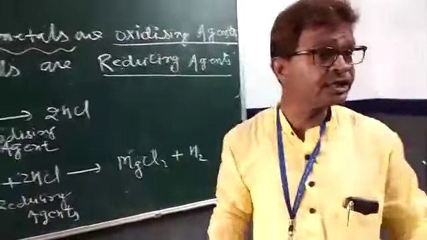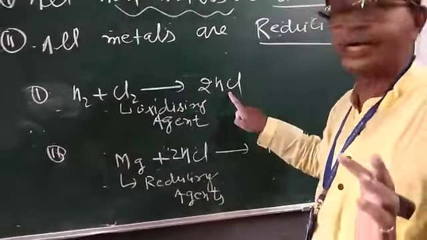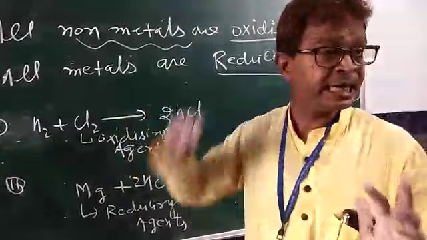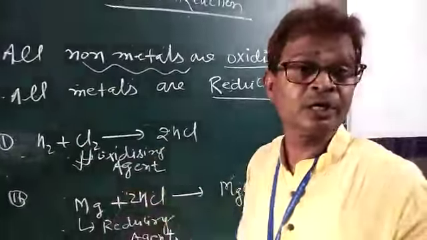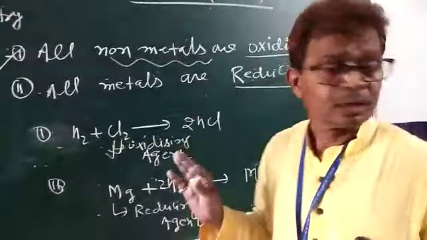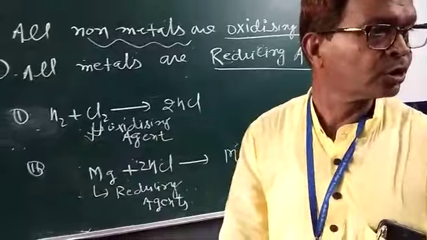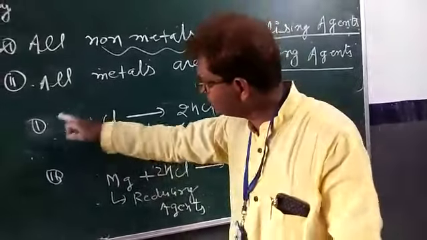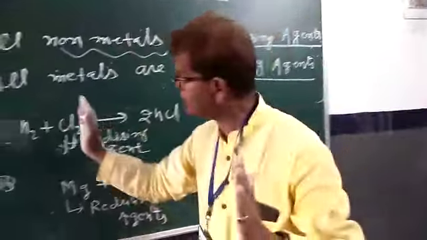Just try to understand example number one. Hydrogen reacts with chlorine to get HCl. In this reaction, clearly chlorine is the non-metal, because chlorine has 7 electrons in the outermost orbit.